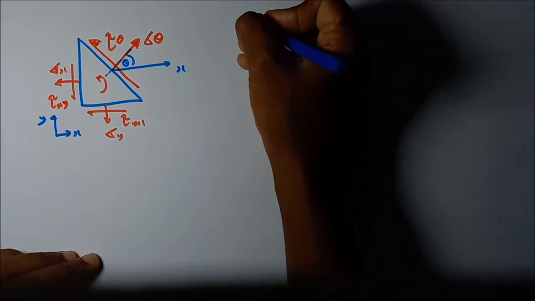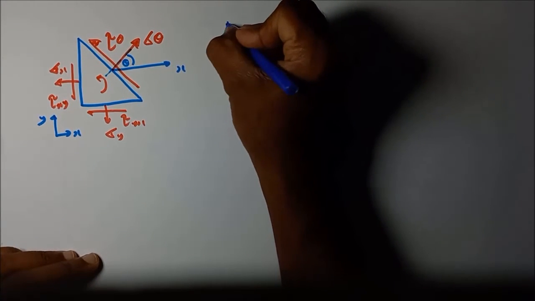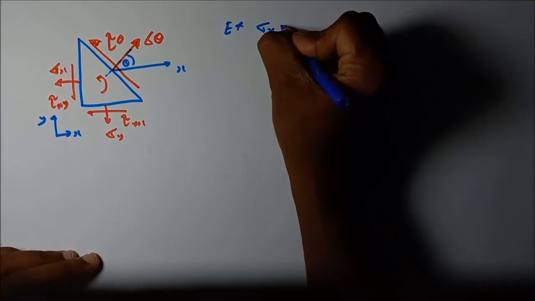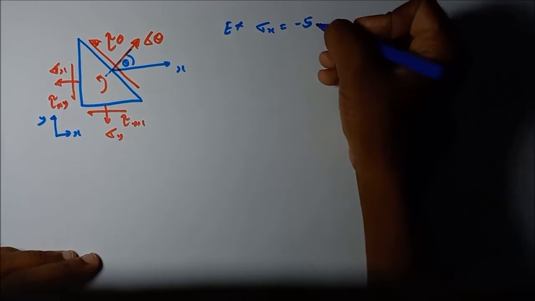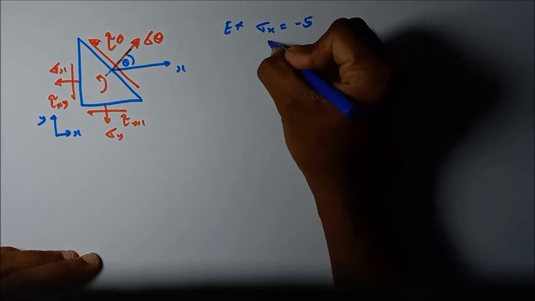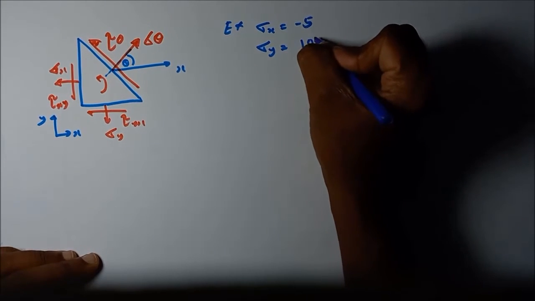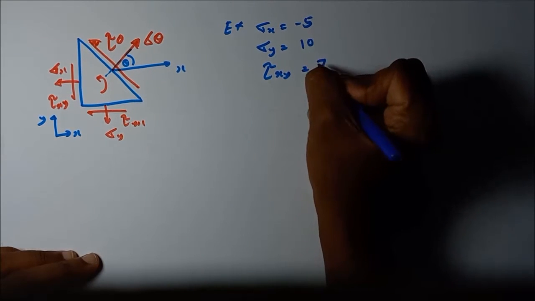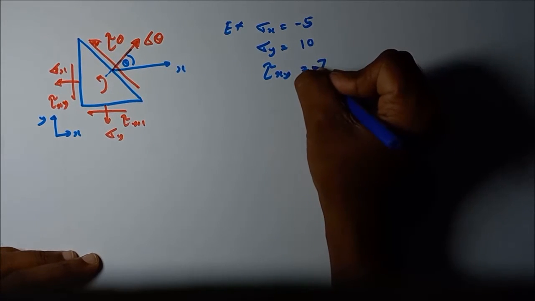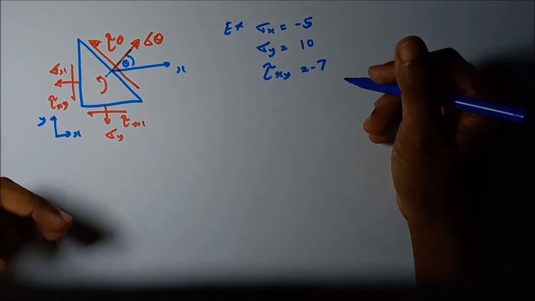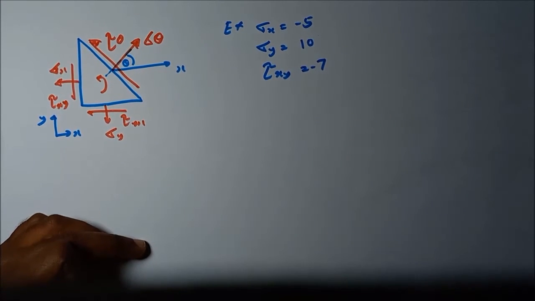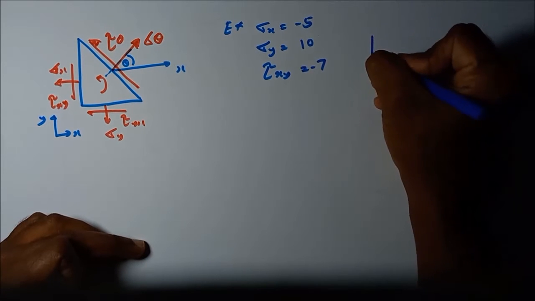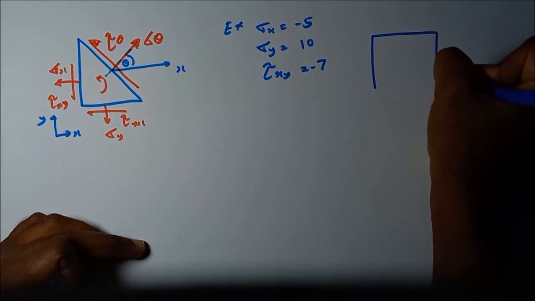So, for example, let's take sigma x equal to minus 5 megapascal, sigma y equal to 10 megapascal, and tau xy equal to minus 7 megapascal. How do we mark this on a stress element? Let me draw the stress element.